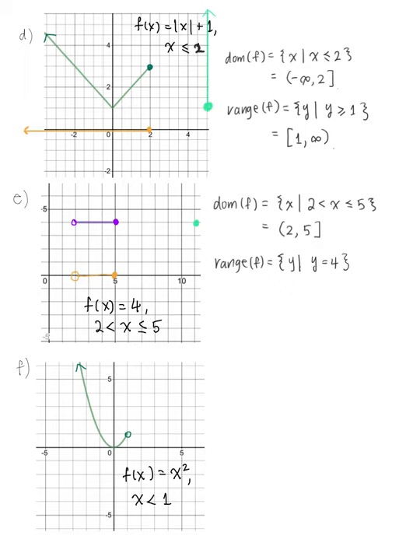So let's go with the domain, right? It looks like it's going to start from here. That should be an open circle, and then remember the tail end keeps going and going, so eventually it's going towards negative infinity.